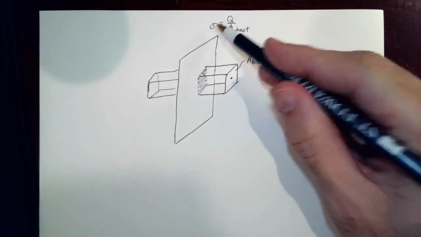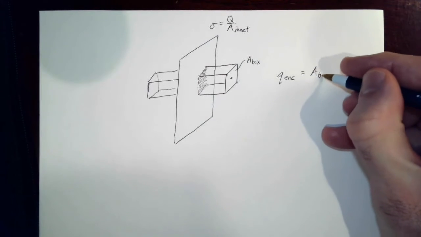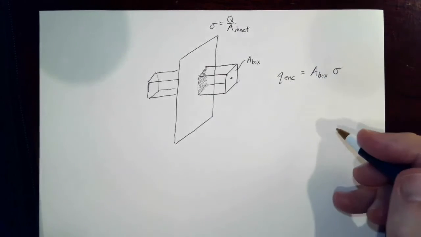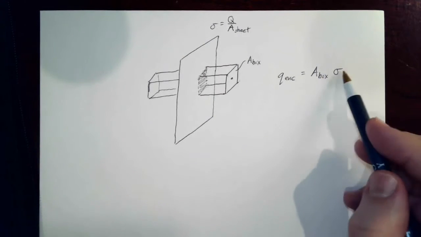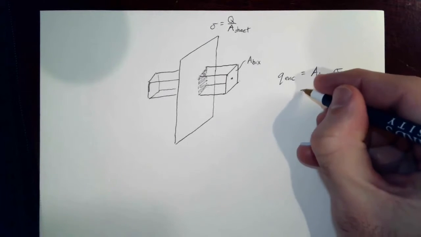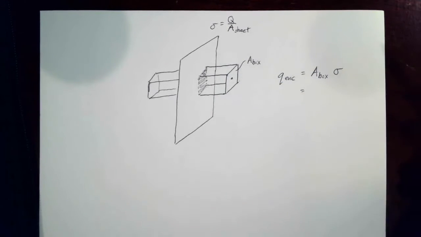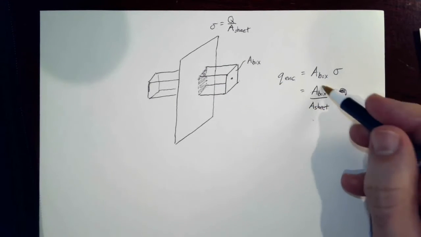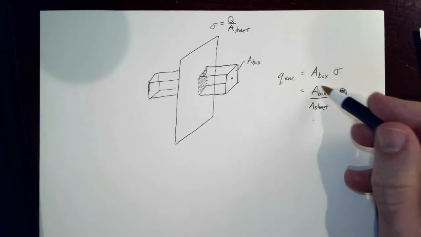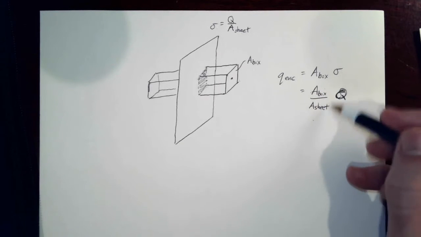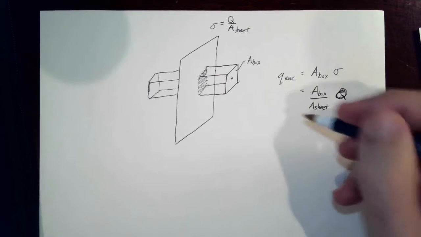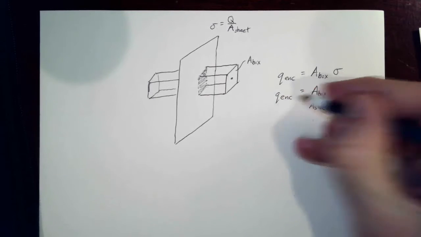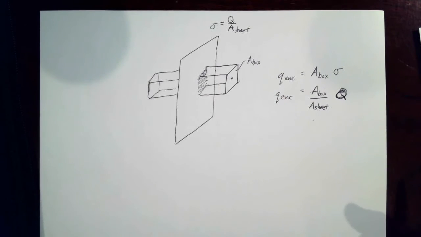Then I can use sigma to find the amount of charge that's enclosed, because this is an area times a charge per area. And then I know what sigma is equal to. It's Q over A sheet. So this is the fraction of the sheet that's enclosed by my box times the total charge on the sheet, which should give me the total charge that's enclosed by the box.